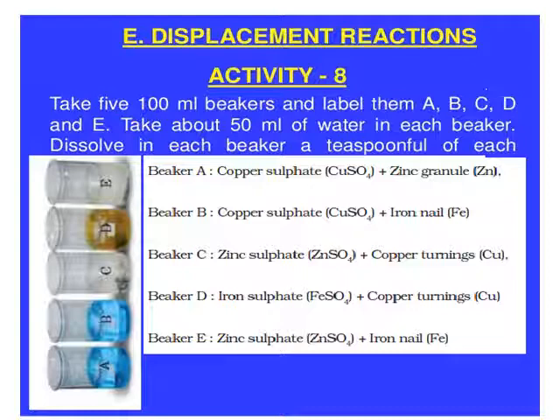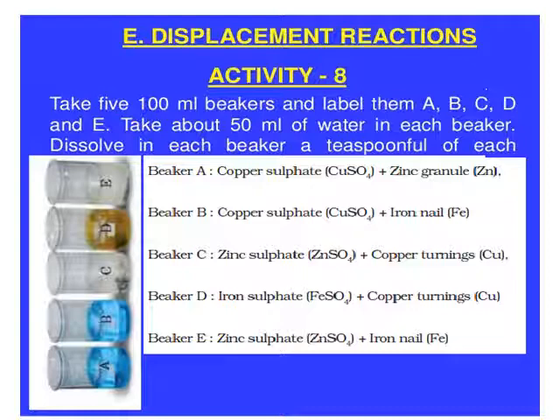In beaker C, zinc sulfate and copper turnings. In beaker D, iron sulfate and copper turnings. And in beaker E, zinc sulfate and iron nail, both of them are taken.